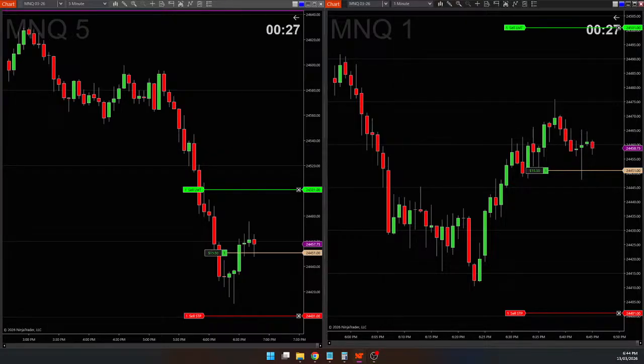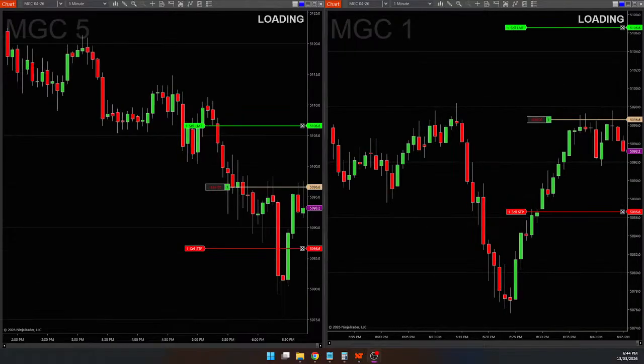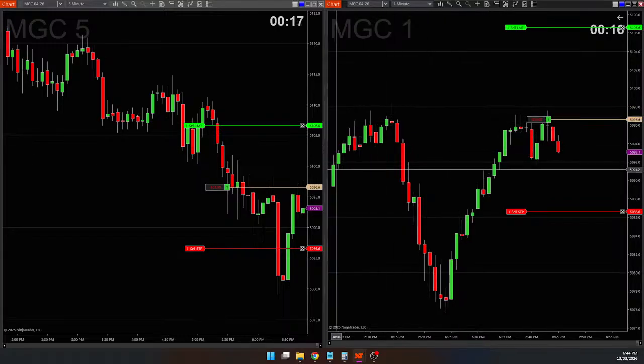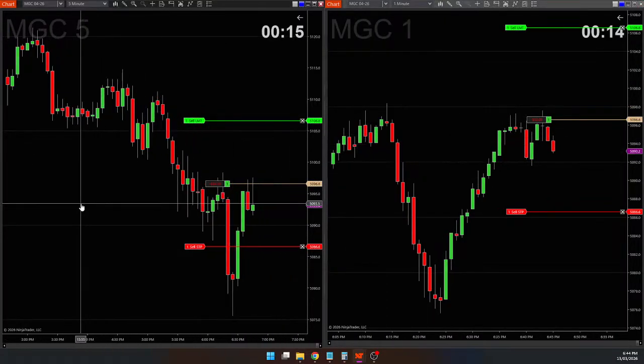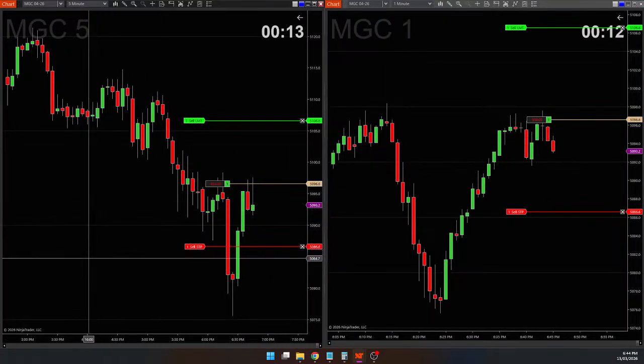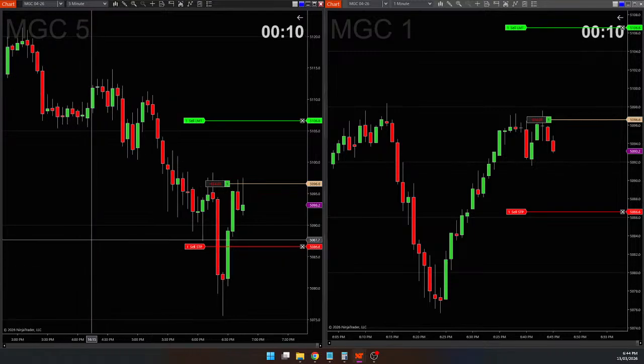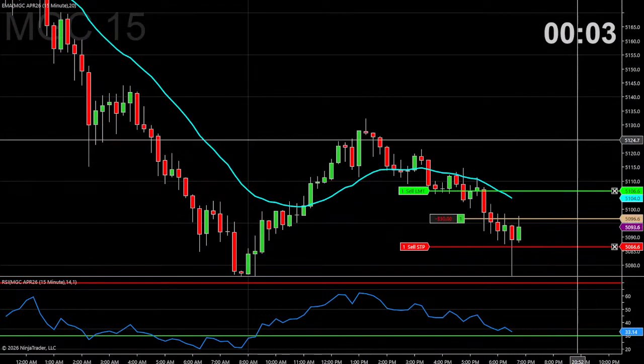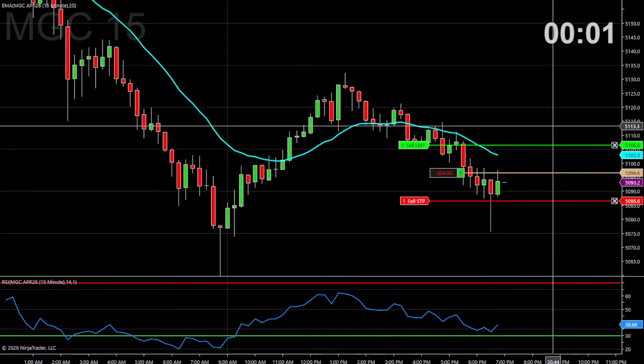Gold's back in the negative. What are you doing, gold? Trusted you. Still playing cat and mouse with that zone. And 15. We got, oh, 3 seconds left to the next 15 candle.